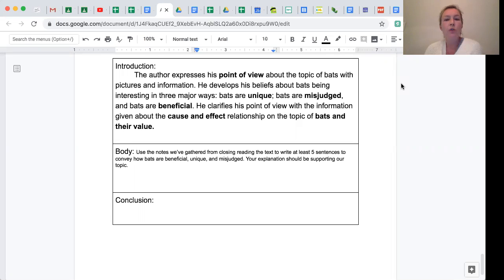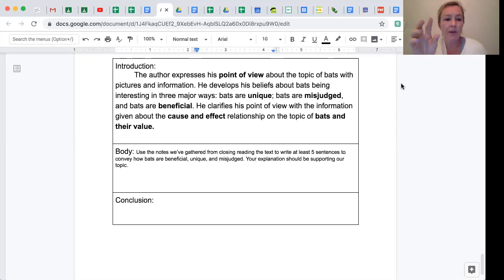They want to show us the benefit of the bat, that the bat was misjudged, they are unique and special. They've done that through the cause and effect relationship. So they've talked about the bat and the impact of the bat. So what is the bat able to do for us? What is the result of the bat? That's that cause and effect relationship that we see throughout the article.